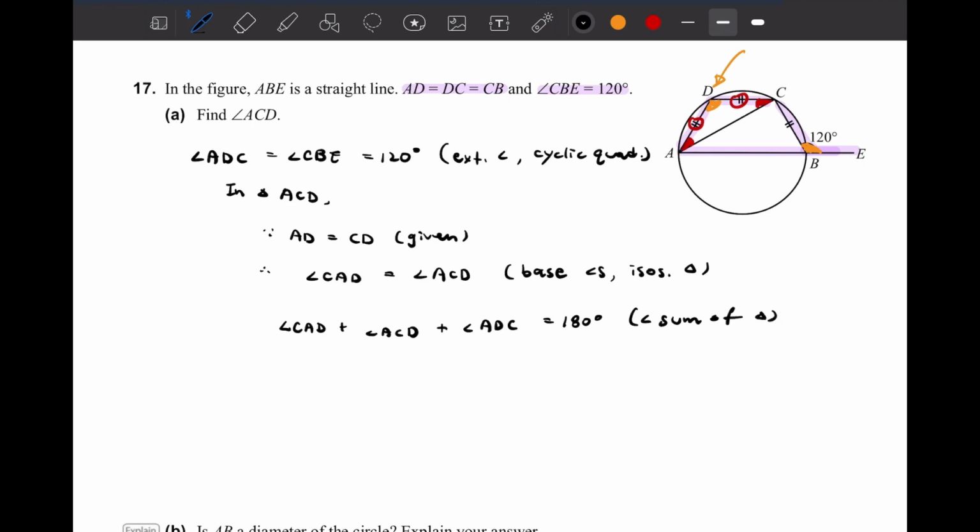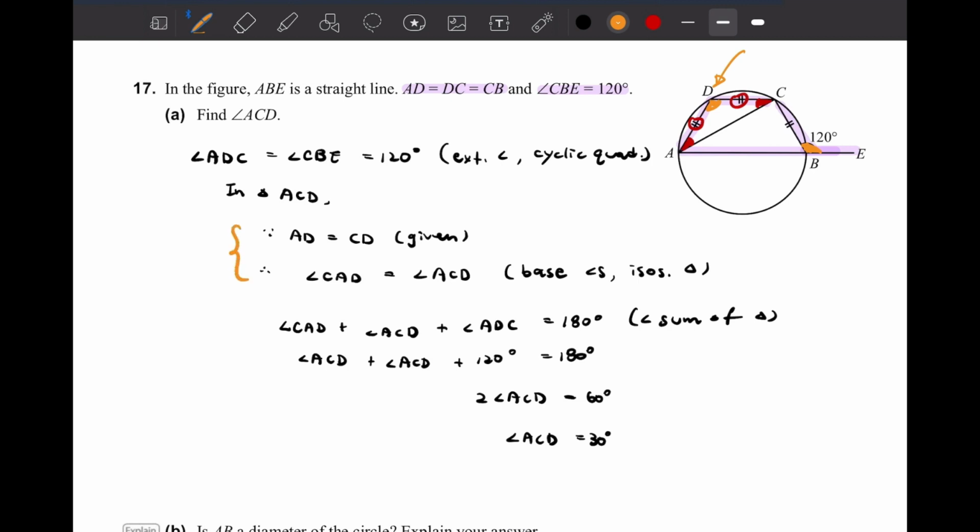So angle sum of triangle, and because ACD is the same as CAD, we can replace it, and then this is 120. So 2 of the angle ACD will equal 60 degrees. So angle ACD is 30.